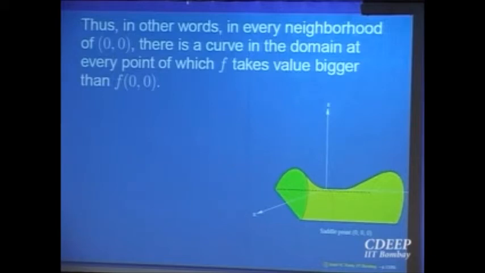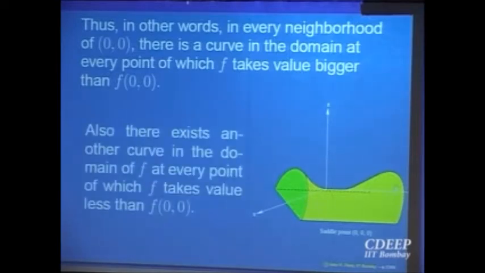If you look at a function of the variable x, then there is a local minimum. So along one curve passing through that point, it has a local maximum. Along some other curve passing through that point, it has a local minimum. And that is a function of this type. So for example, if this is a surface, if you move along this part of the curve, this is a point of local minimum.